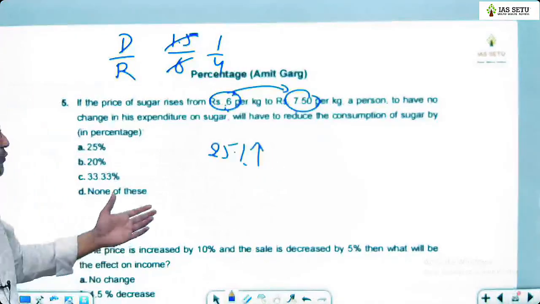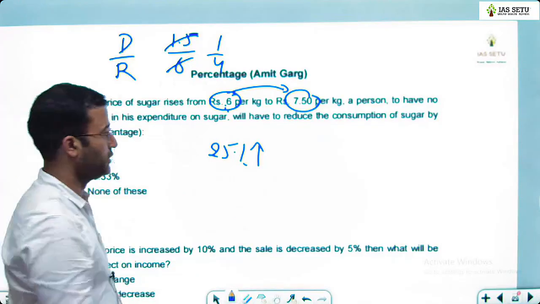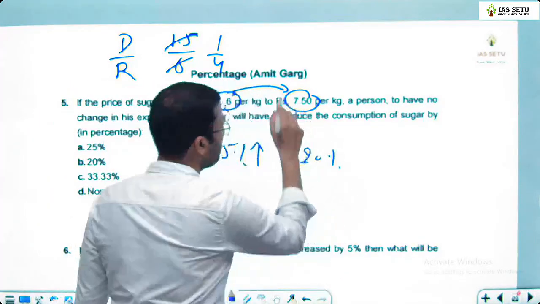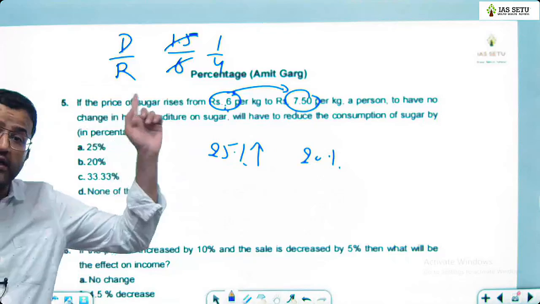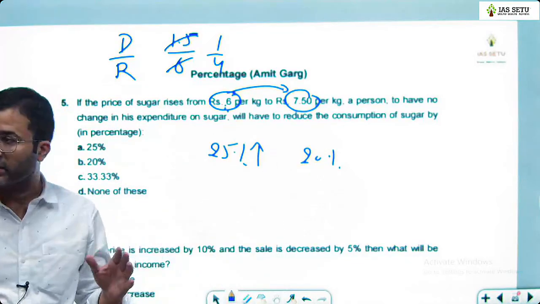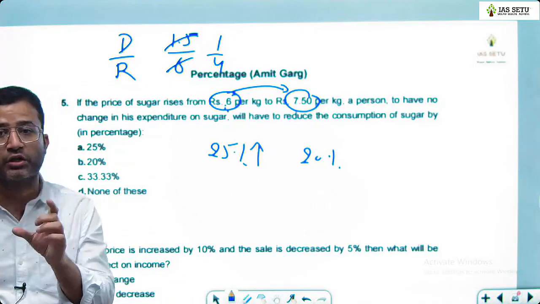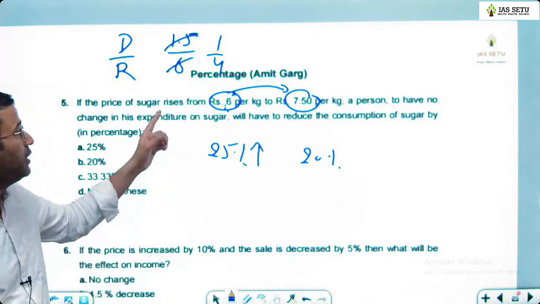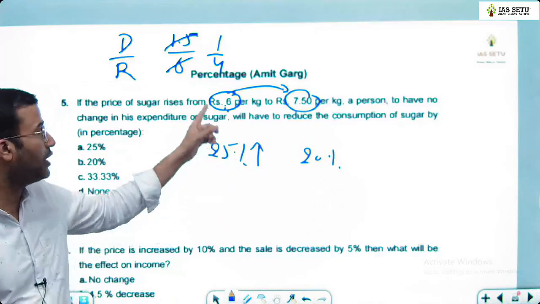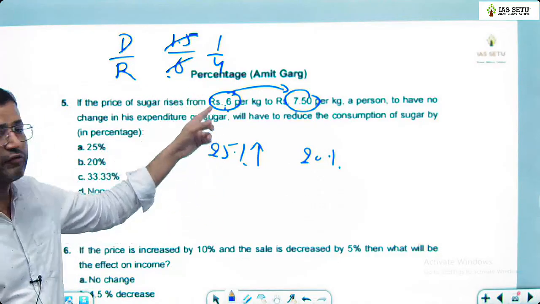And then we know 25% increase will be compensated by 20% decrease. You have to find percentage increase by using that concept which I have discussed earlier in basic class. Have I covered this? basic class में मैंने पढ़ाया था. 6 से अगर 7.5 हो रहा है तो there is an increase of 1.5 over 6, 1 by 4. 1 by 4 is 25%.